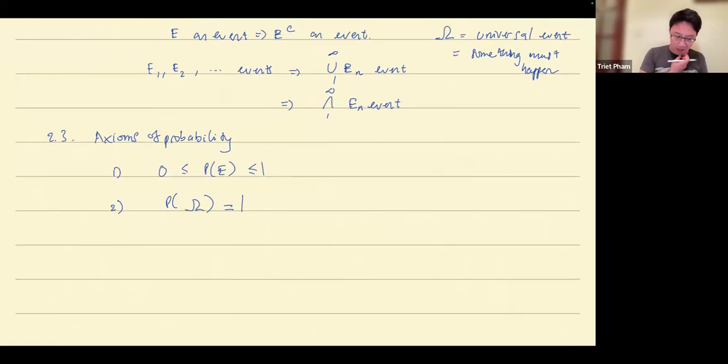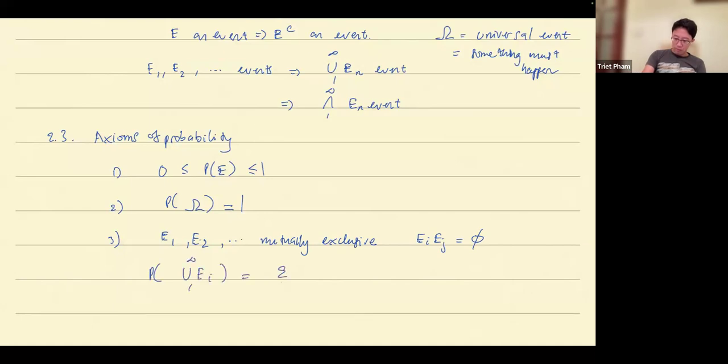The third thing is that if you have events that are mutually exclusive, what that means is the intersection of any pair of events is empty, then if you look at the union, it will be the sum of the individual probabilities.